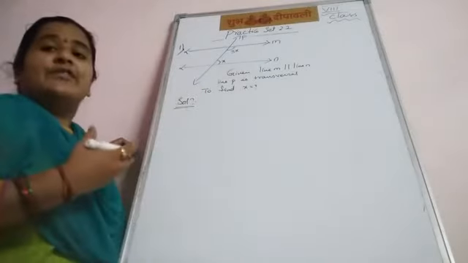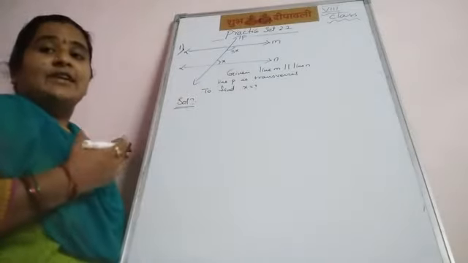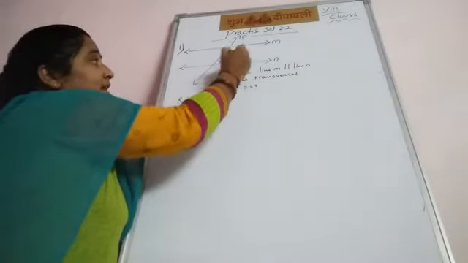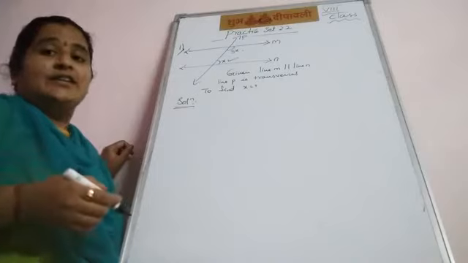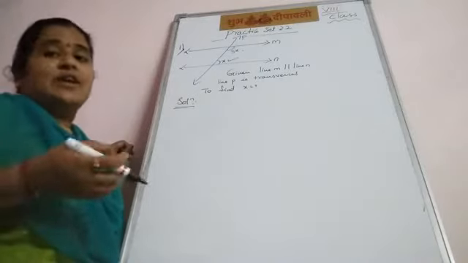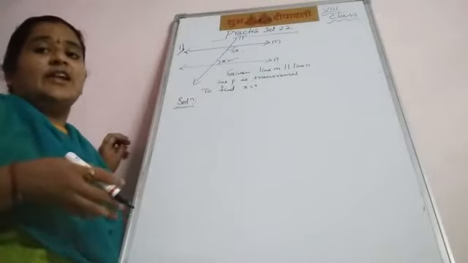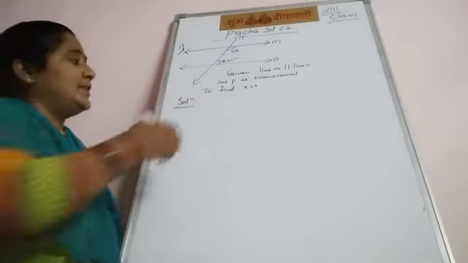First, you identify the given angles. The given angles lie between the two lines. 3x and x are the interior angles which lie on the same side of the transversal. So now we apply the property: interior angles are supplementary.